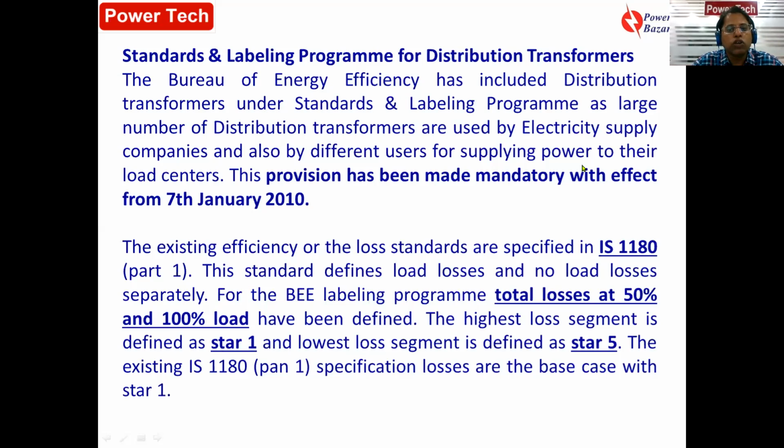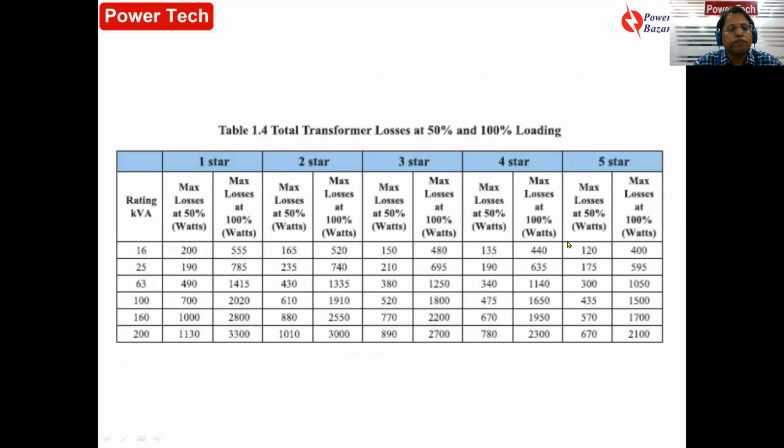This has been mandatory with effect from 7th January 2010. That means you cannot manufacture any type of transformer. You cannot purchase, buy, sell, or install any type of transformer. It has to be labeled and standardized in line with the specification of IS 1180.